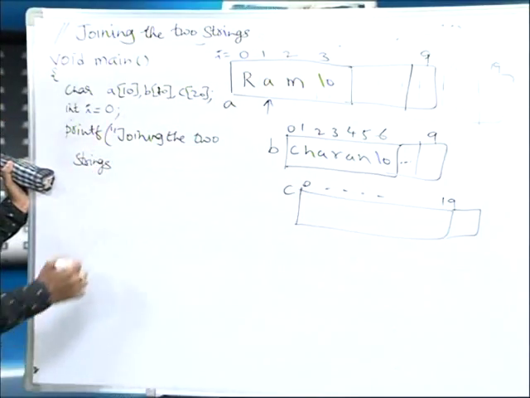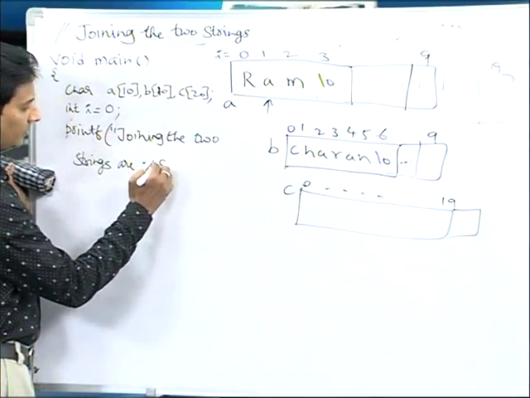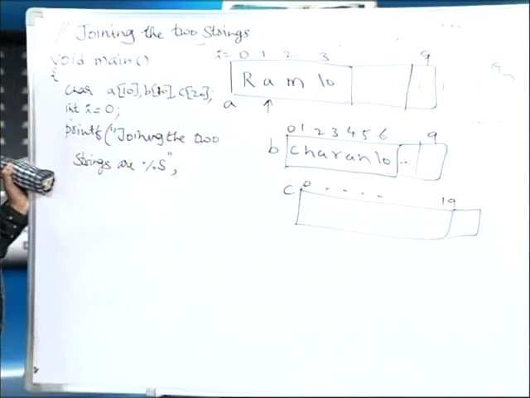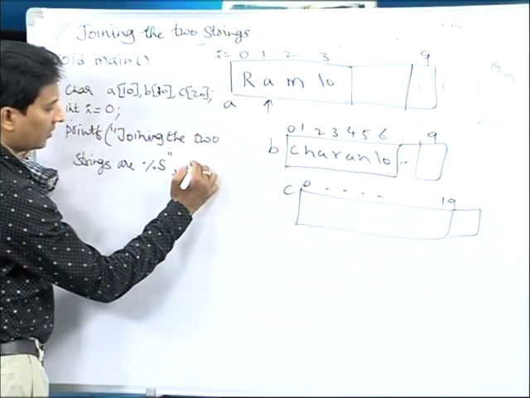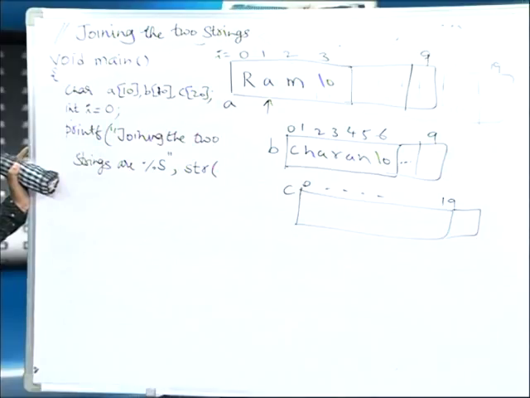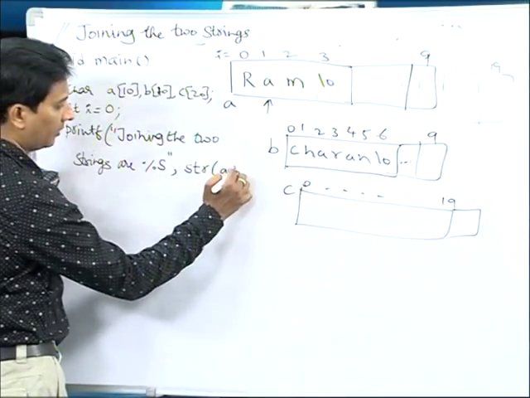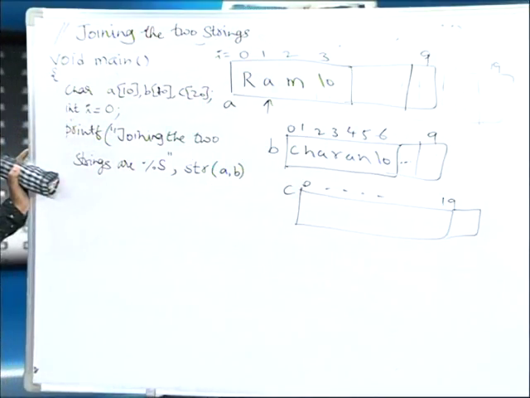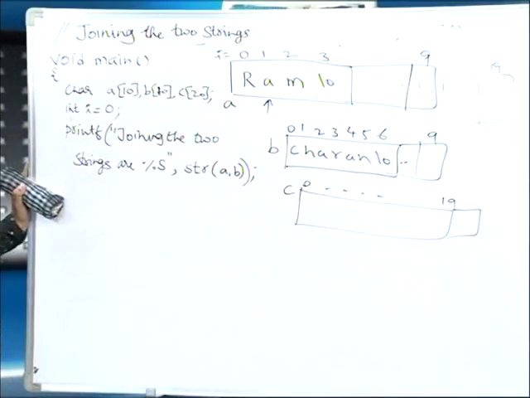Two strings are %s, comma, that is a, str a comma b, joining the two strings.